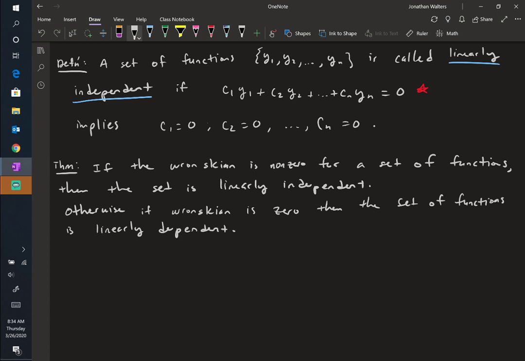It just means one of the functions can be written as a combination of the other functions if you're dependent. If you are independent, there is no way to write any of the functions as a combination of any of the other functions.